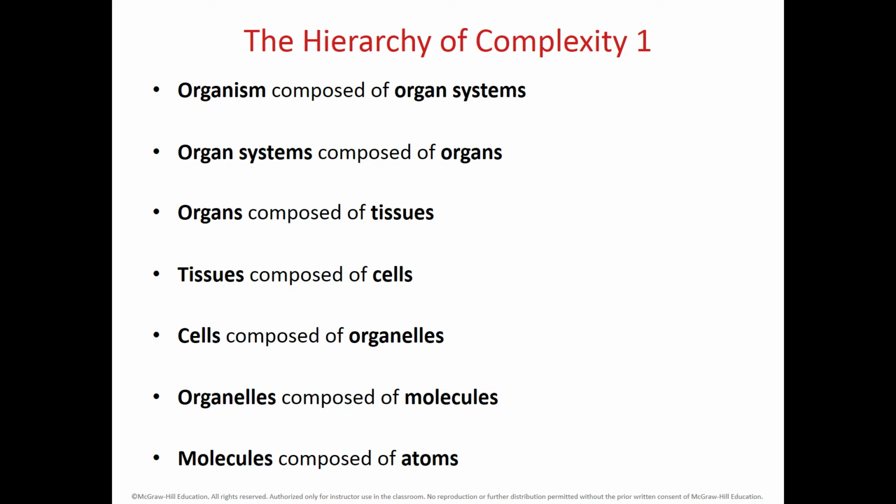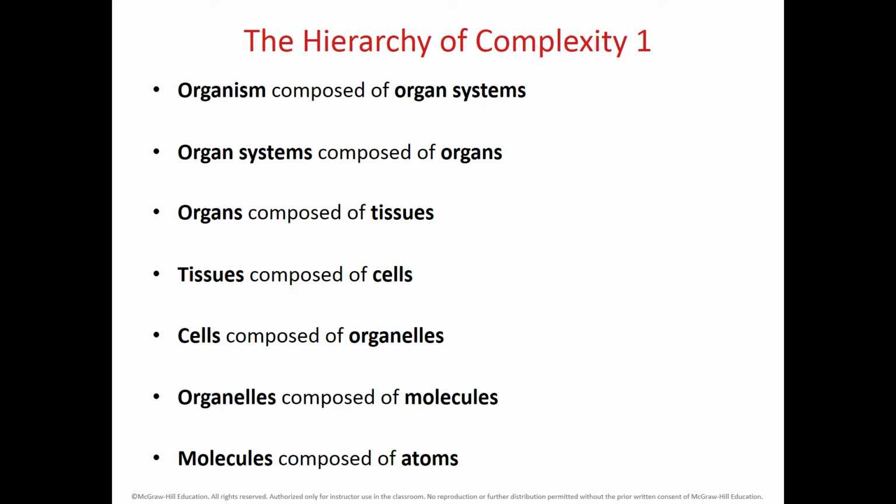This hierarchy is important to understand because many things that affect the body start at the more simple level, which is when someone has a disease in their genes, if they have a mutation within their genes.